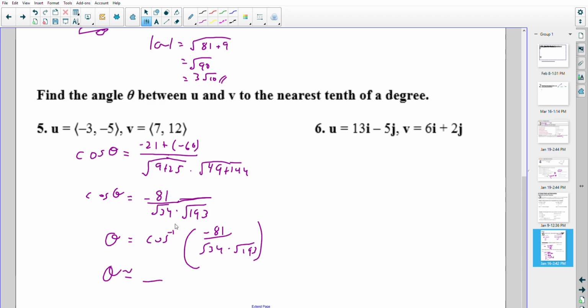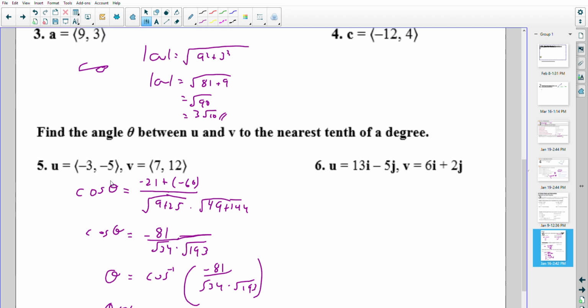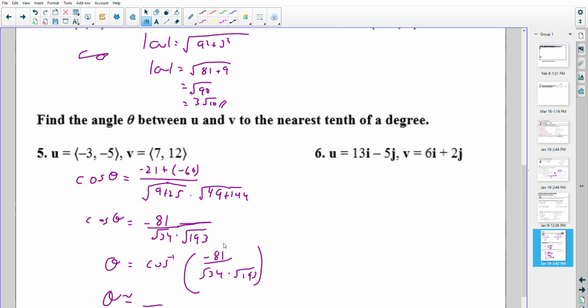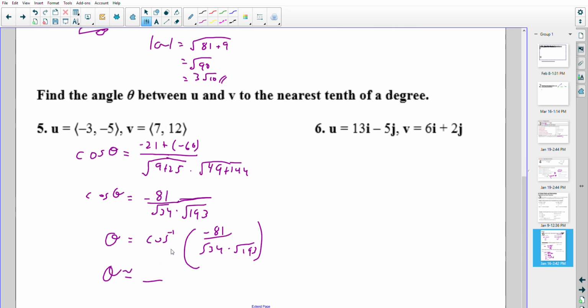So finding the cosine of the angle requires you to understand how to use the dot product as well as what the magnitude is of each of the vectors. And then you have to remember to do the inverse of both sides to get your final angle. That angle is what it is because the cosine inverse will give you an obtuse angle if it's negative, and it'll give you an acute angle if it's positive.